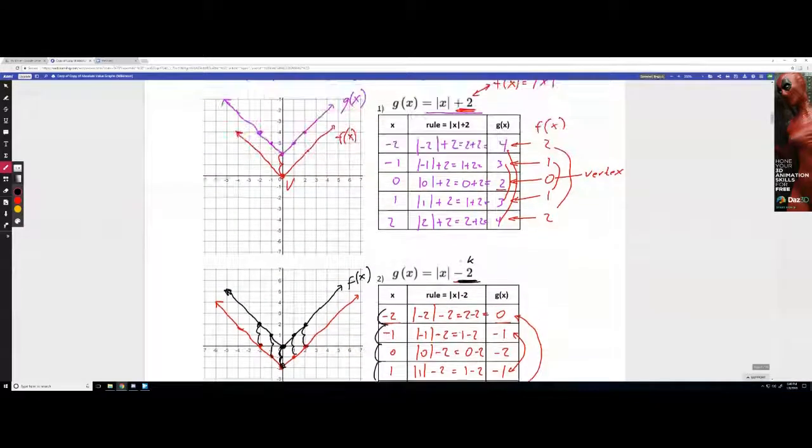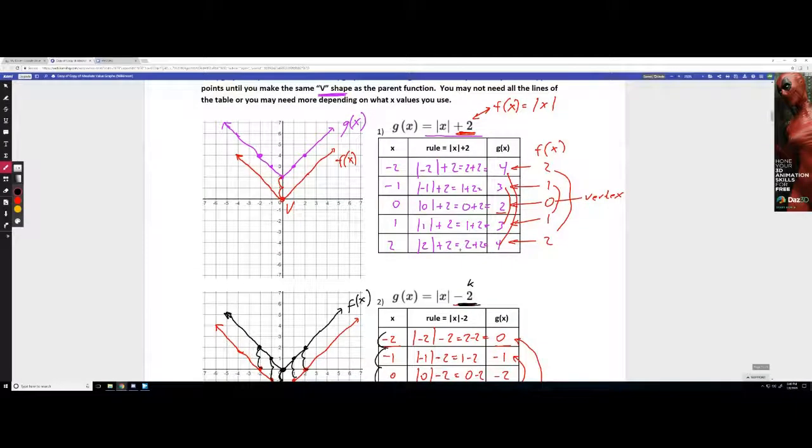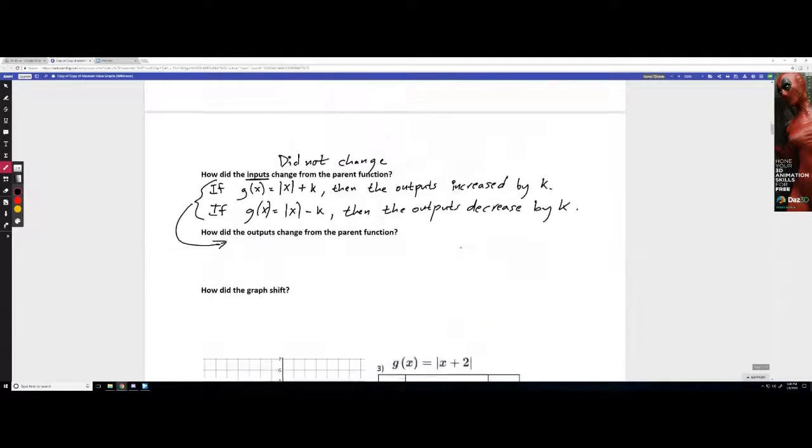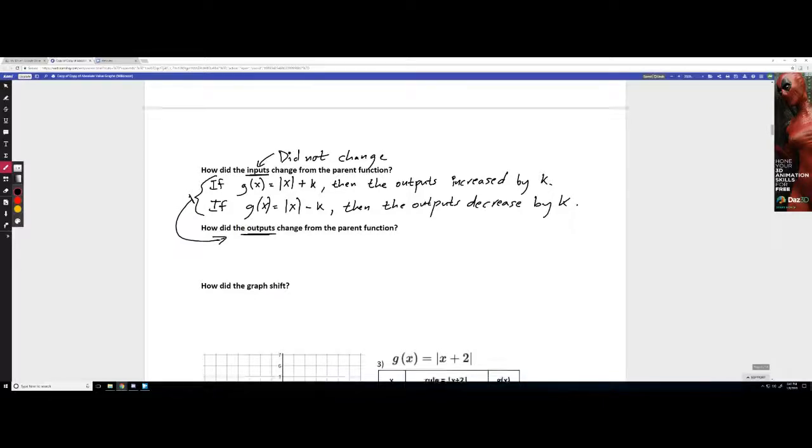The -2 didn't make me change my mind on that. Still same thing here. The +2 didn't change my mind on what inputs I wanted. I still use the same inputs. But my outputs, okay, big change. So inputs did not change, but everything I just said earlier is in regards to my outputs. Please note that. That is the actual answer for the next question.